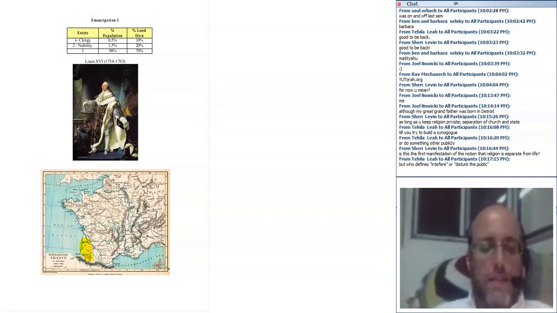This was a largely assimilated Jewish community, culturally assimilated, already very integrated into French life. They already were fluent French speakers. They were largely descendants of Marranos, of hidden Jews from centuries earlier from the Spanish Inquisition, who had returned to Judaism.